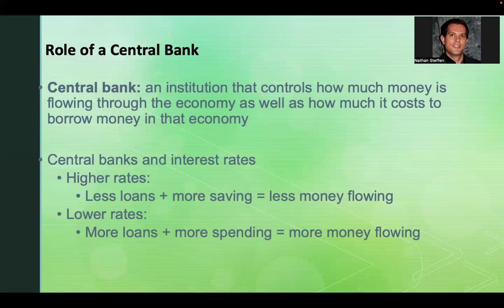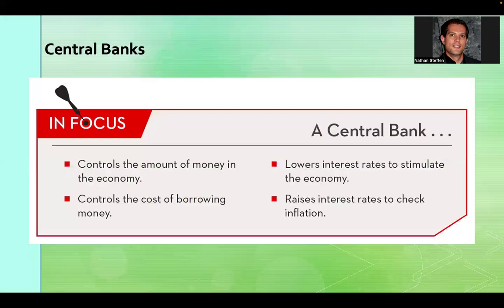This is one reason why lowering interest rates is considered an economic stimulus policy. And central banks try to find a balance between too little and too much money flowing, because either end of the extreme can lead to a lot of different economic problems.